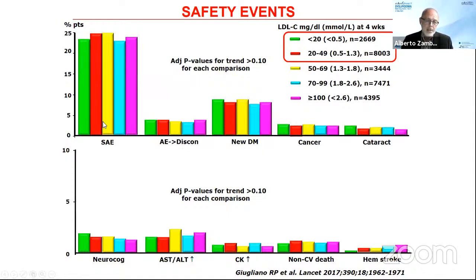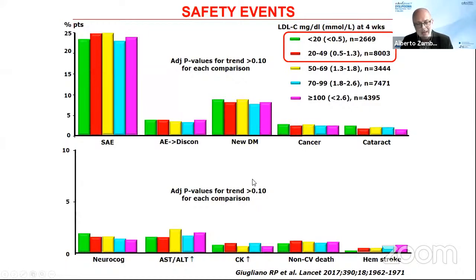And as you can see, serious adverse events that led to discontinuation of therapy, new onset diabetes, any type of cancer, cataract, neurocognitive disorder, significant increase in transaminases, CK, non-cardiovascular death, and hemorrhagic stroke were not increased in any of these LDL groups, including those with a very low level of LDL cholesterol, which seems to be safe.